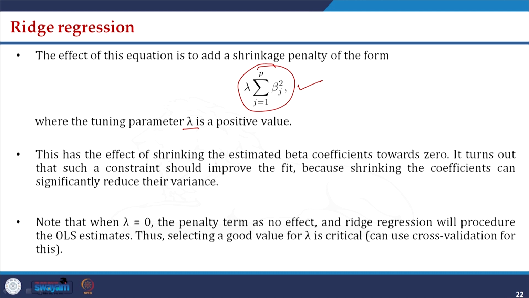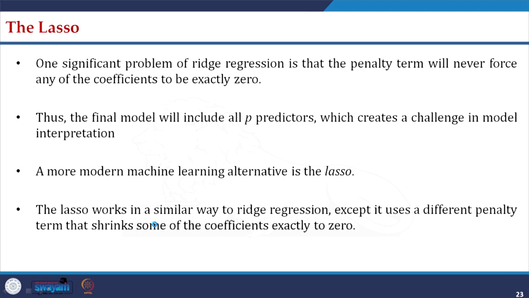This has the effect of shrinking the estimated beta coefficients towards 0. It turns out that such a constraint should improve the fit, because shrinking the coefficients can significantly reduce their variance. So, you will not have higher variance in your model, and as I told you, when lambda equals 0, you have the usual regression problem without any regularization.